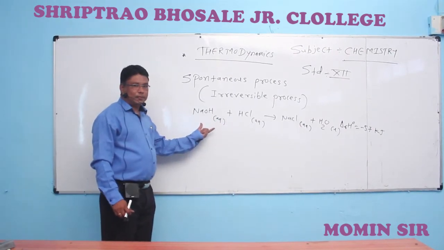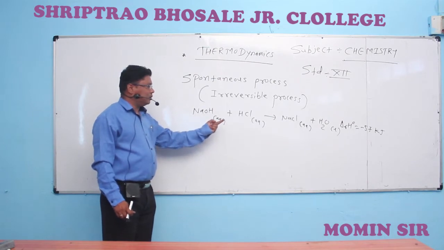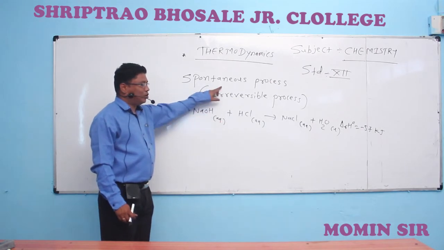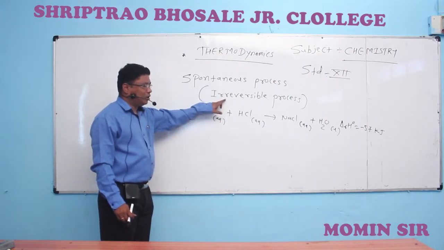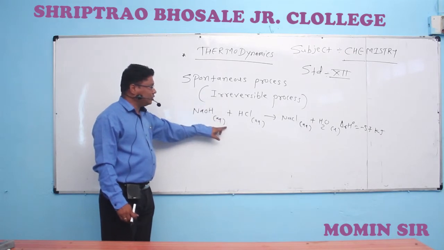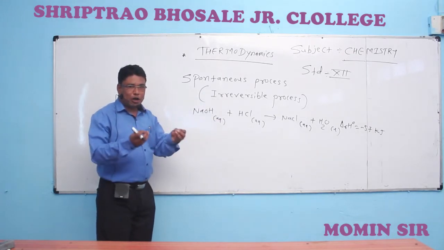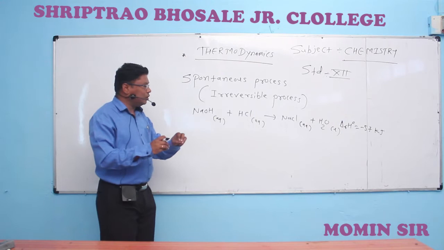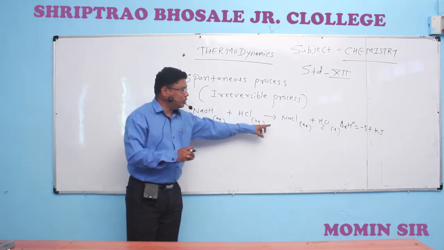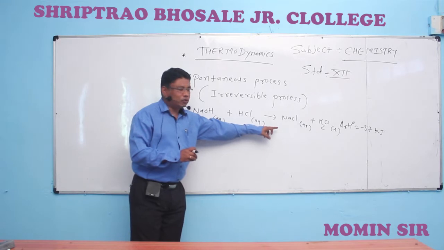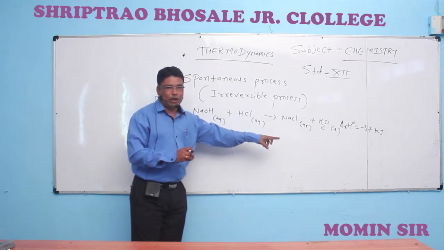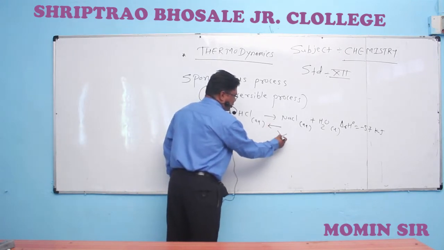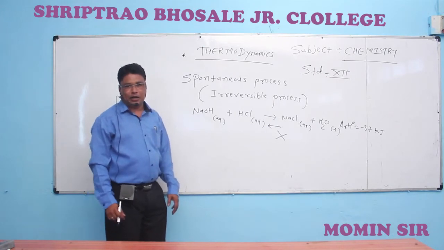In this reaction, when NaOH reacts with HCl, this reaction is called a spontaneous process or spontaneous reaction. Why? Because when aqueous NaOH reacts with aqueous HCl, immediately there is formation of sodium chloride aqueous plus H2O liquid. But this reaction doesn't take place in a reversible manner.